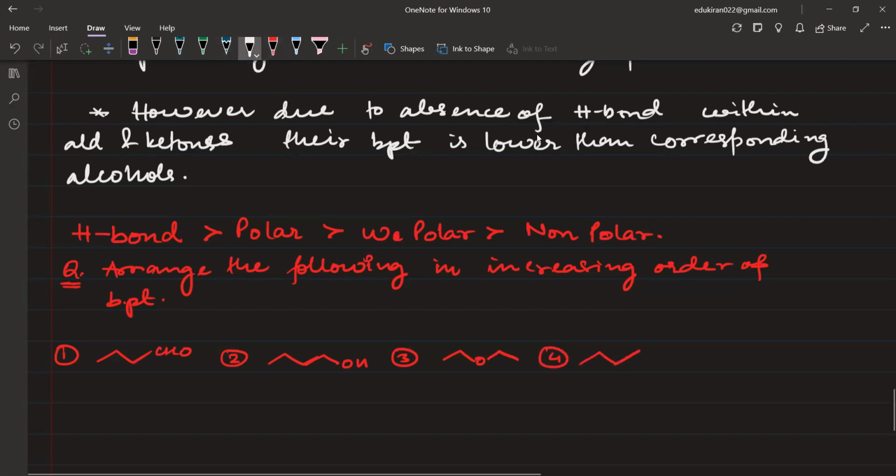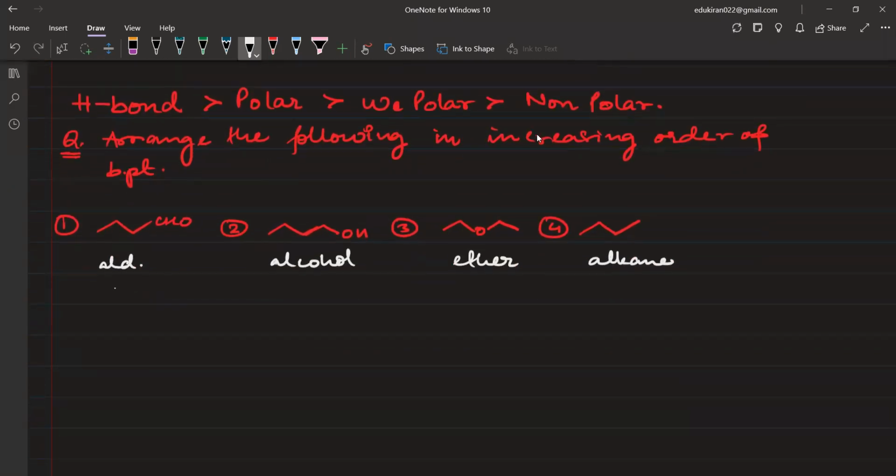Whenever you get a question like this, you classify the classes of compounds. So this is aldehyde, this is alcohol, this is ether, and this is alkene. Then you need to identify what type of intermolecular force of attraction is present. Aldehydes are polar, alcohols are hydrogen bonded, ethers are weakly polar, and alkane is non-polar.